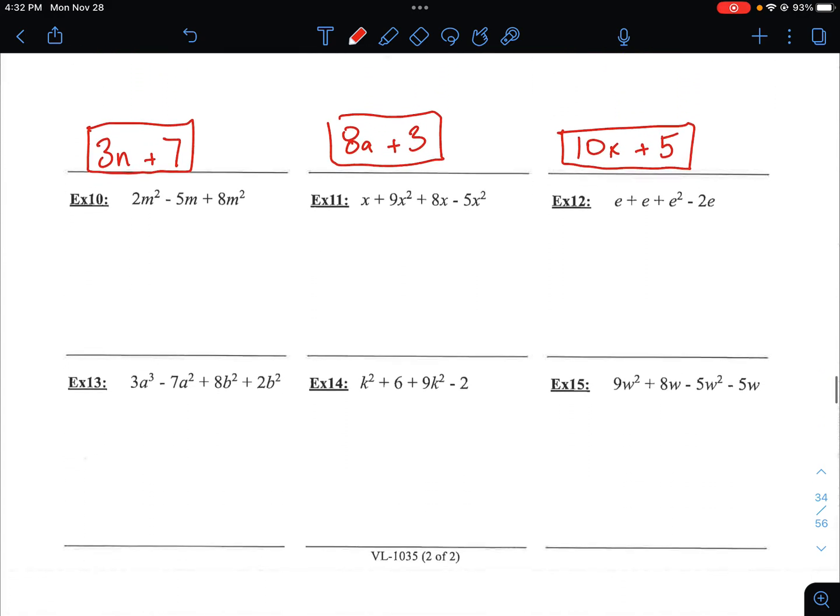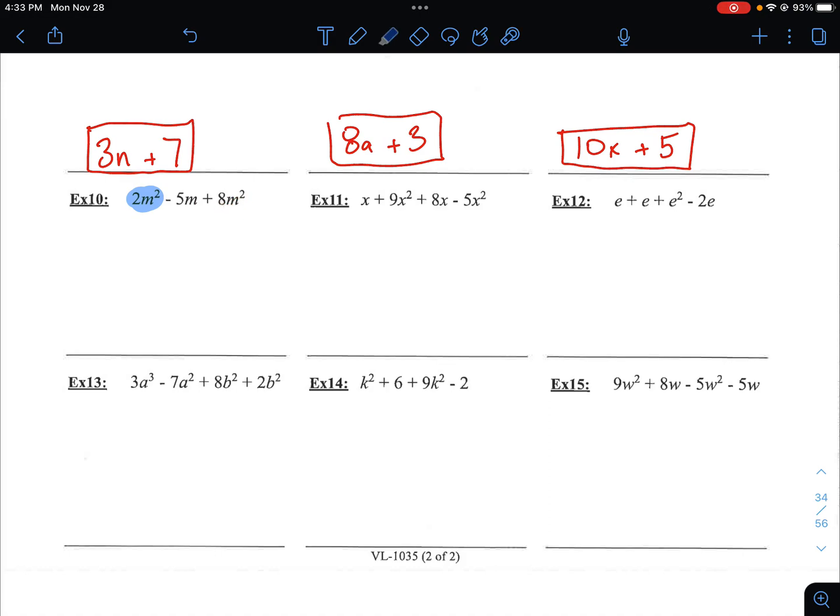All right, example 10. This gets a little bit weird because now we have a bunch of m's, but we also have different powers. So let's start with 2m to the second power. Remember, it has to be the same variable to the same power. So can we combine that with 5m? No, because it needs to be m to the second power. Is there any other m to the second power? There is.